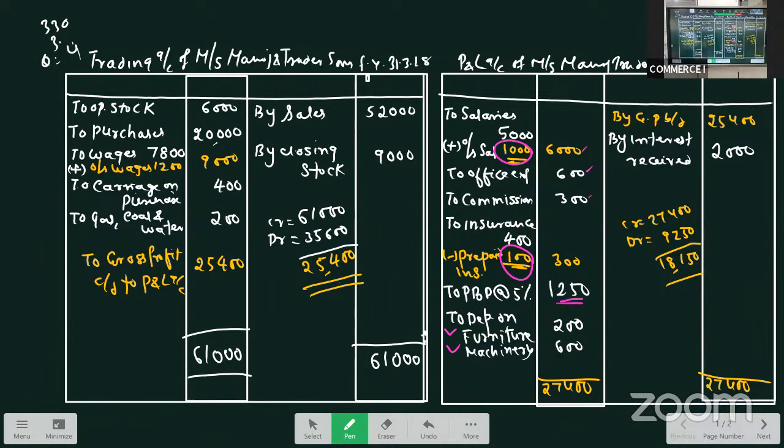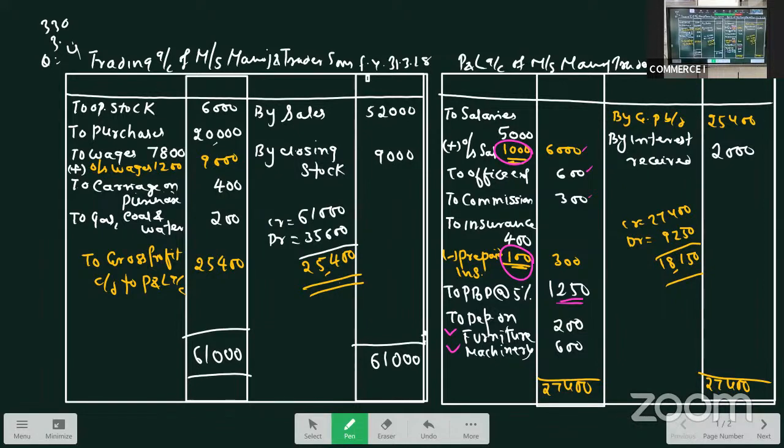Did I miss anything? Salaries 5, plus 1. Office expense 6, commission 3, debtors 1,250, provision at 5%, yes, 1,250. Then machinery, insurance, bank balance, bills receivable. Yeah, nothing is missing. So it is 18,150, I would say.